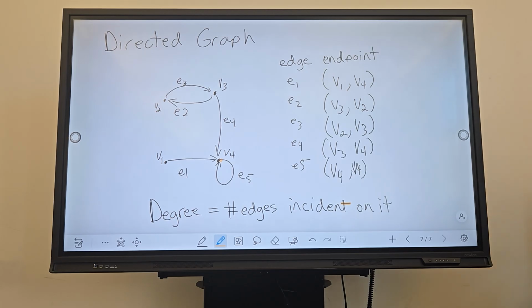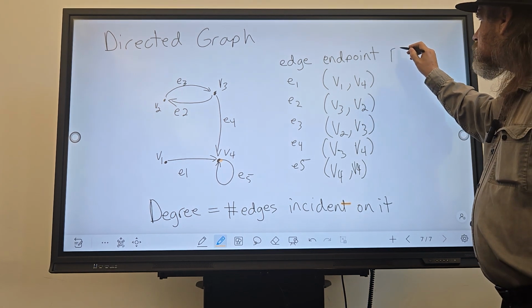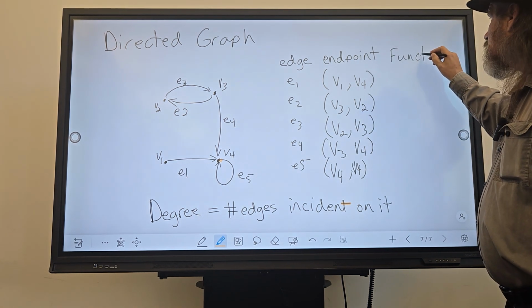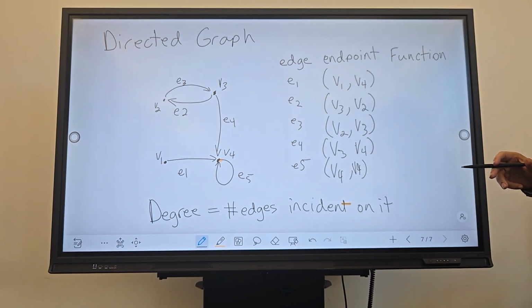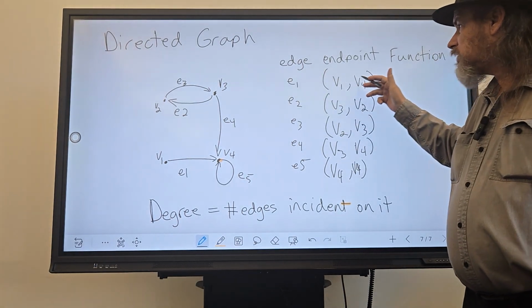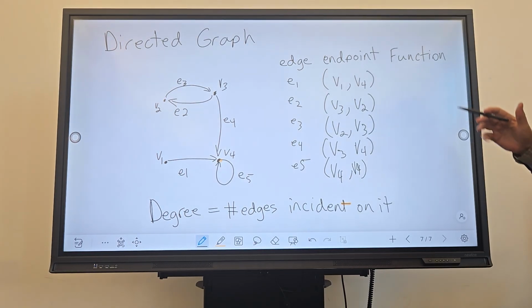Like the edge-endpoint, are those in general, like we can put those onto the sheet? Yes, that's the edge-endpoint function. So f of E1 would be the ordered pair V1, V4.